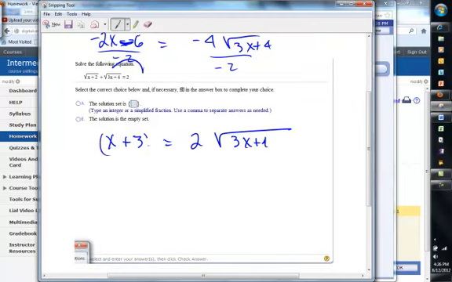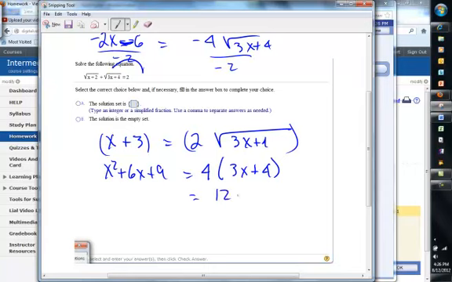Square both sides. We have to square it twice, and we get x squared plus 6x plus 9 equals 4 times 3x plus 4, which is 12x plus 16.